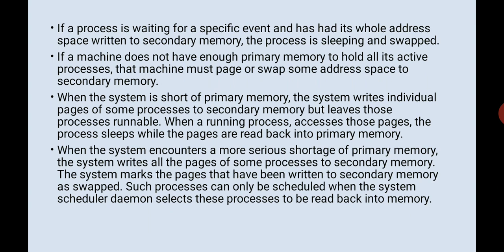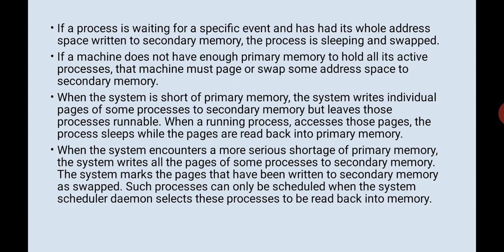If a machine does not have enough primary memory to hold all its active processes, that machine must page or swap some address space to secondary memory. So this is being done. When the system is short of primary memory, the system writes individual pages of some processes to secondary memory but leaves those processes runnable. When the running process accesses those pages, the process faults while the pages are read back into primary memory.